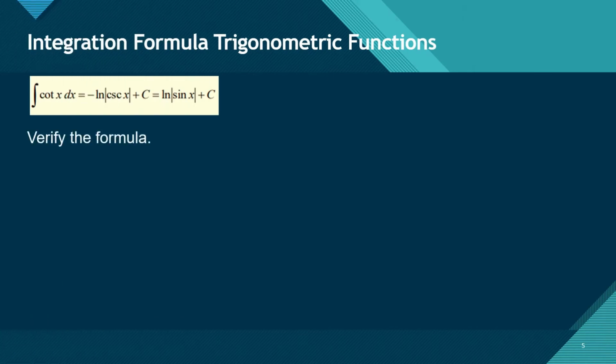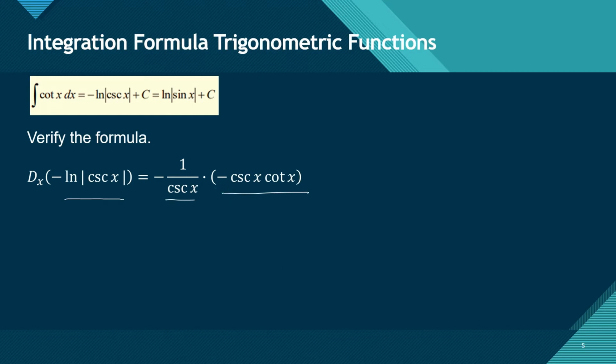How about this one? Verify that the integral of cotangent of x dx is equal to that. Well, let us get the derivative of negative ln of cosecant, or ln of the absolute value of cosecant of x. So that's equal to 1 over cosecant of x times the derivative of this is this. Cancel common factors.